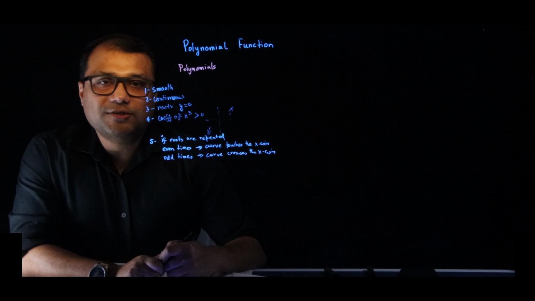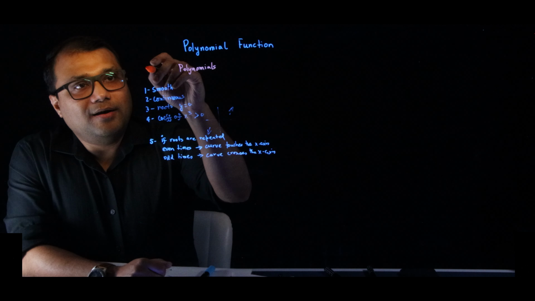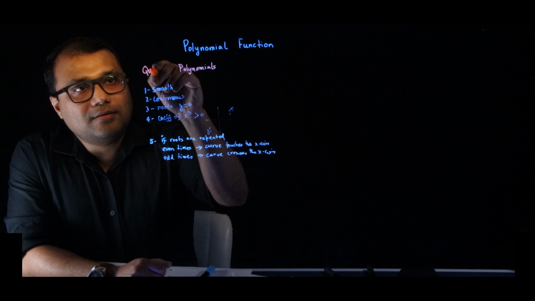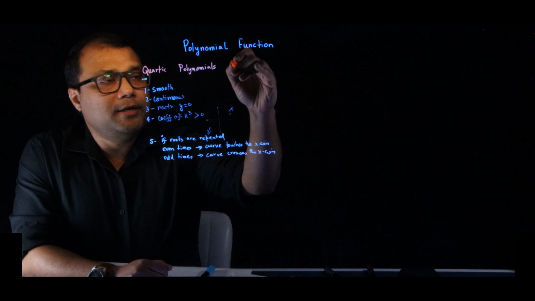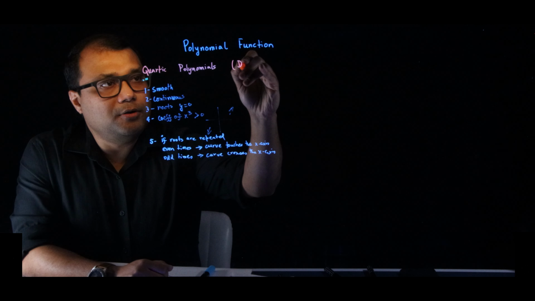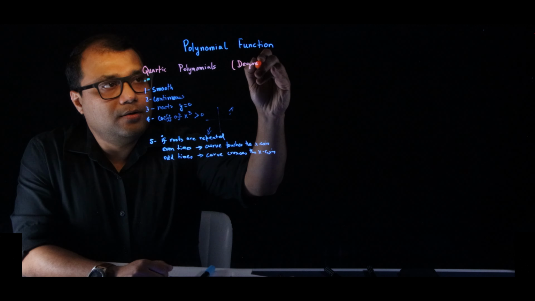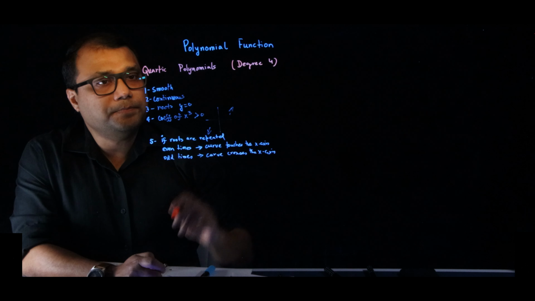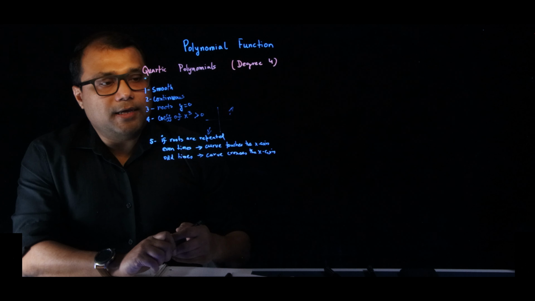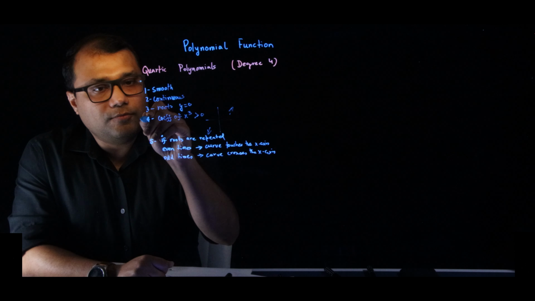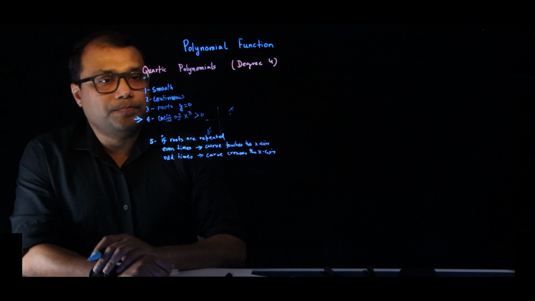Next one, let's look at a quartic polynomial. What's a quartic polynomial? This is a polynomial of degree 4. Now all these rules will still apply, except we will expand rule number 4.